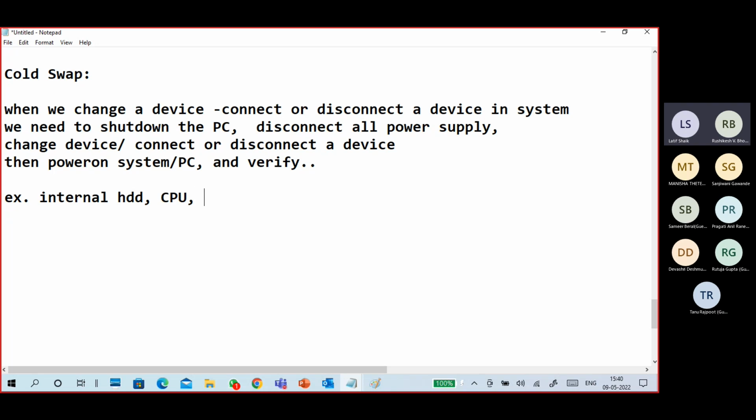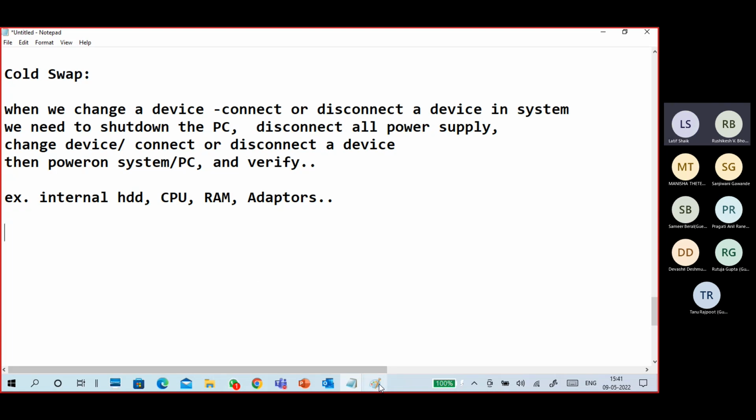If you want to change CPU, change RAM, change adapters, NIC adapters, anything you want to change, you have to shut down your computer and change it or remove it or connect it, then power on the system. So this is called a cold swap.